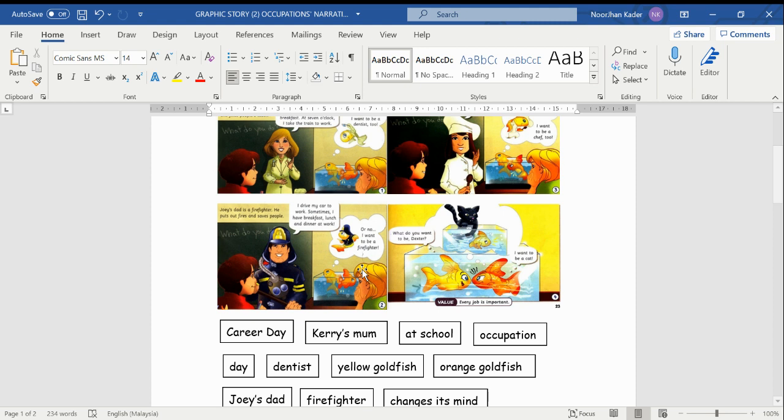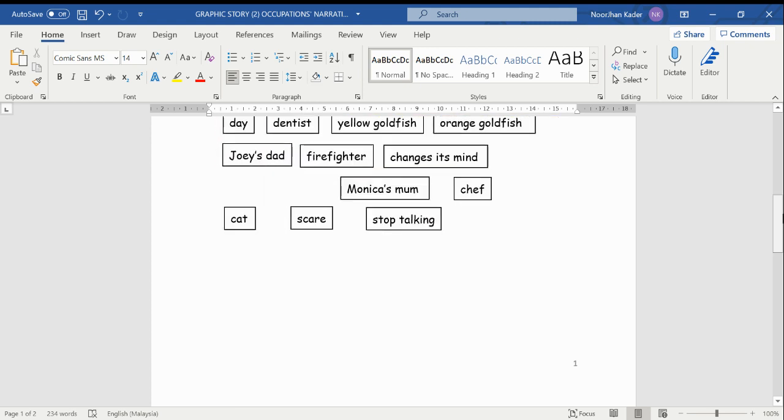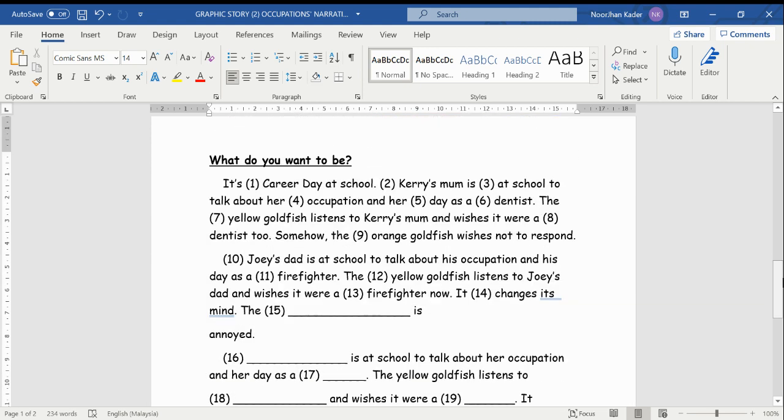Oh my god, why is this yellow goldfish saying another thing? You can see that the orange goldfish's eyes are wide open compared to when its eyes are not open. It is just ignorant, it doesn't want to respond. But suddenly its eyes become bigger in the second frame. So what does that tell you?